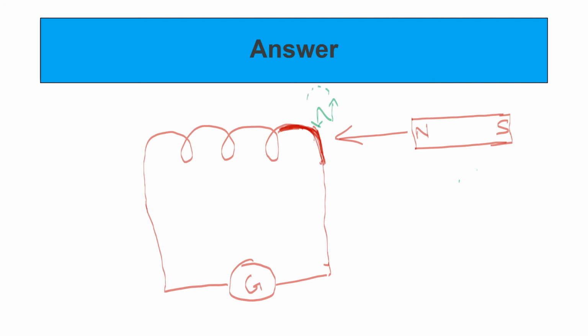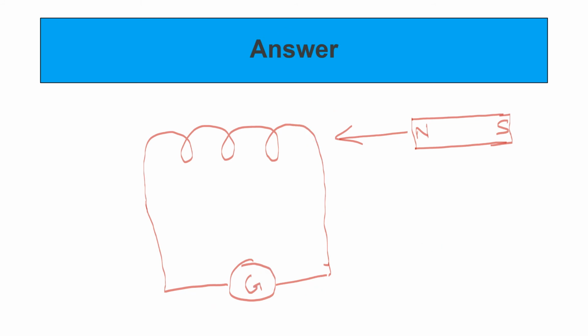The direction of the current flow will be anti-clockwise. The current flow through the galvanometer will be in this direction. Therefore, the needle of the galvanometer should deflect towards right. The current flow is in the anti-clockwise direction.